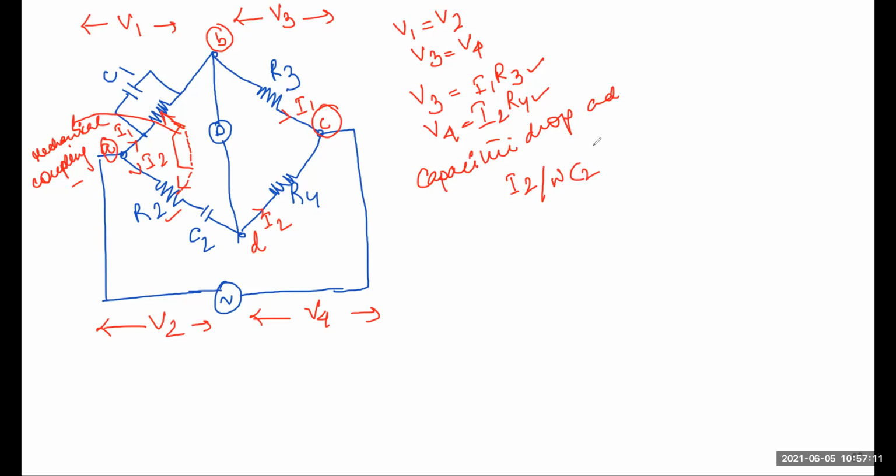Okay, this is across the capacitance C2. And when the bridge is in a balanced condition, we can say V1 is equal to V2. Both are equal in magnitude and phase.